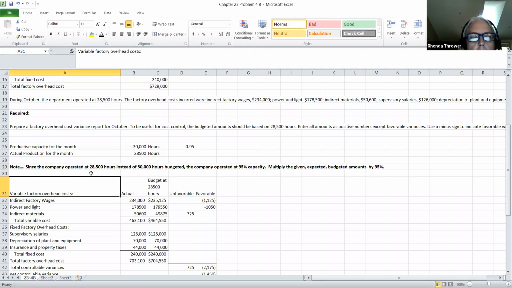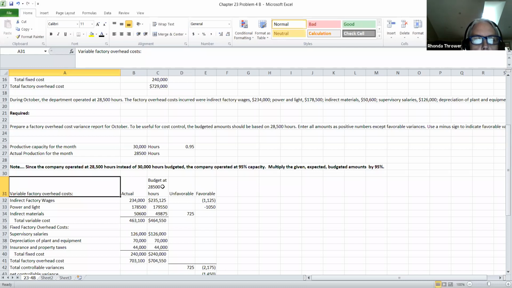Since the company operated at 28,500 hours instead of 30,000 hours that they originally budgeted for, the company operated at 95% capacity, which is below capacity. Multiply the given expected budgeted amounts by 95%. That's how they're getting this budgeted amount that I have figured right here for you.